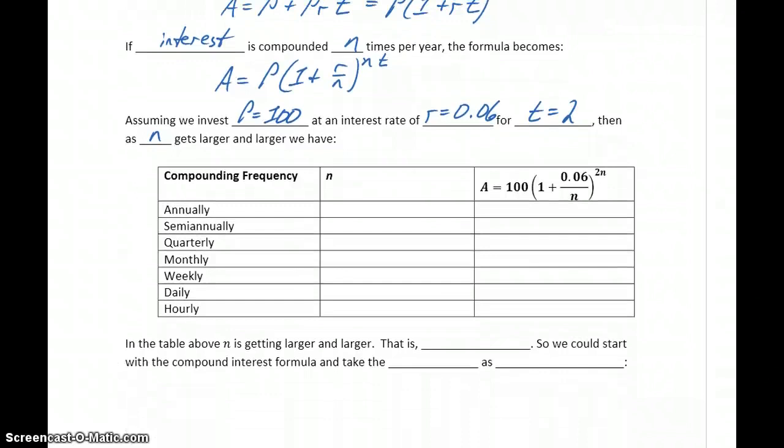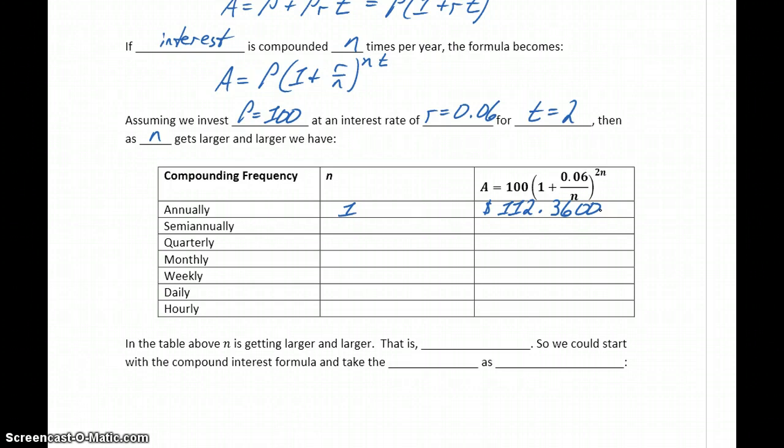So we can start off: if interest is compounded annually, meaning once per year, then after 2 years we would have $112.36, or just to be a little bit more exact, 112.3600.